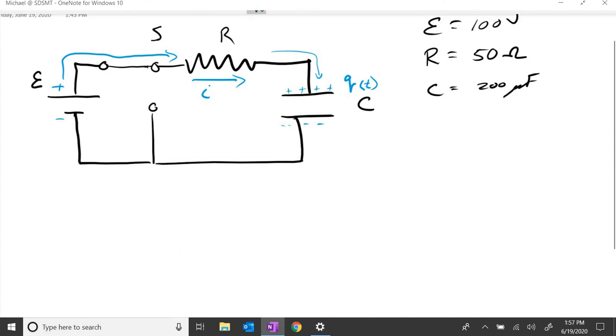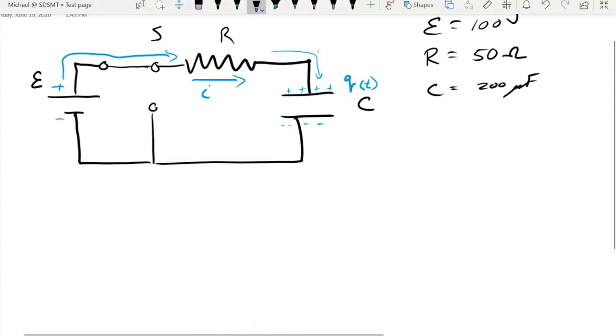As more and more charge builds up on the capacitor plate, any subsequent charge that tries to deposit onto that capacitor plate is going to be repelled. And so these charges are going to slow down.